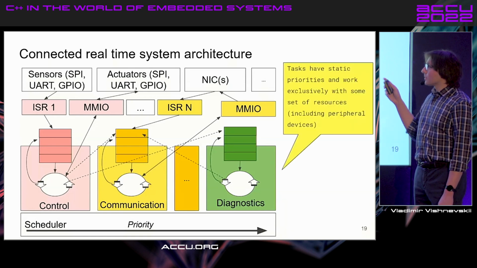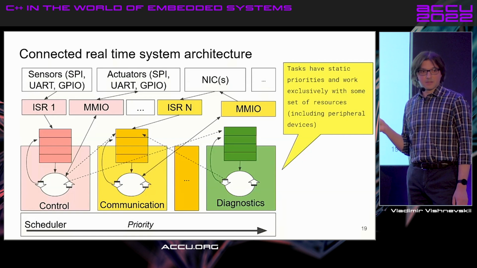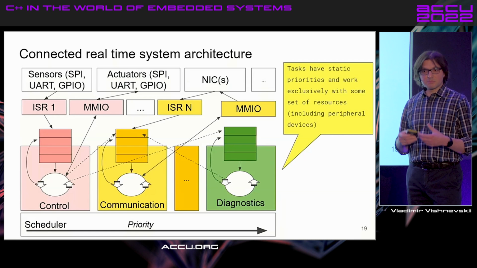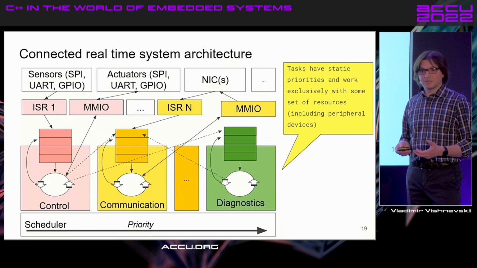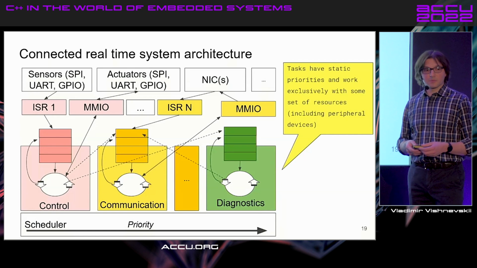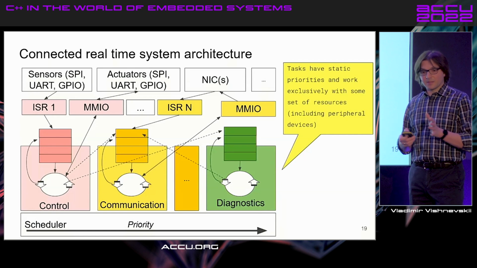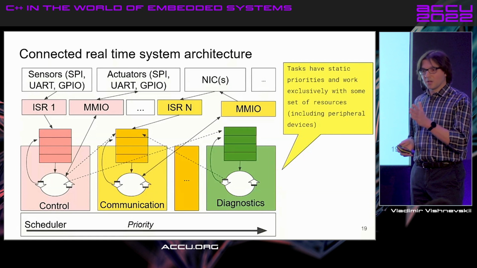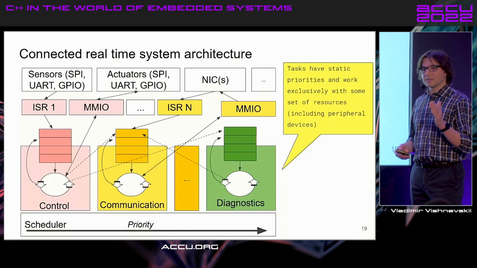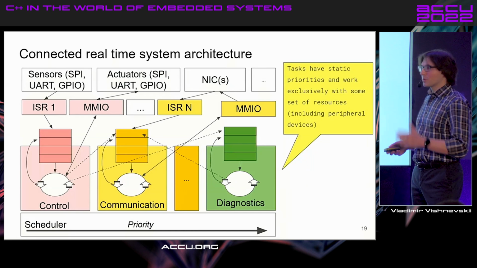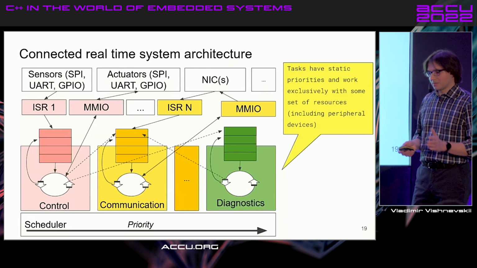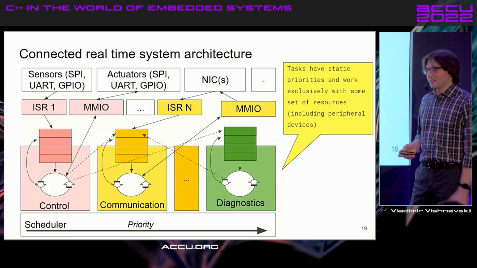It will control a set of predefined tasks. The set of tasks in the system will be defined at the design stage, so we will know which tasks are available, and there will be no dynamic parallelism. All the parallel tasks will have an assigned priority, always known at design time.